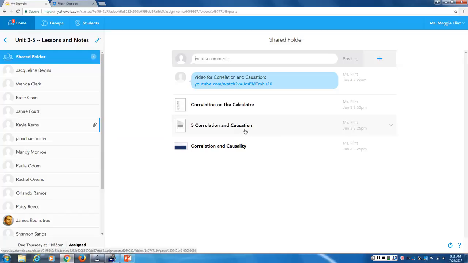Yeah, your actual handout, the one for correlation and causation is 3 pages. I'll find mine for the calculator.